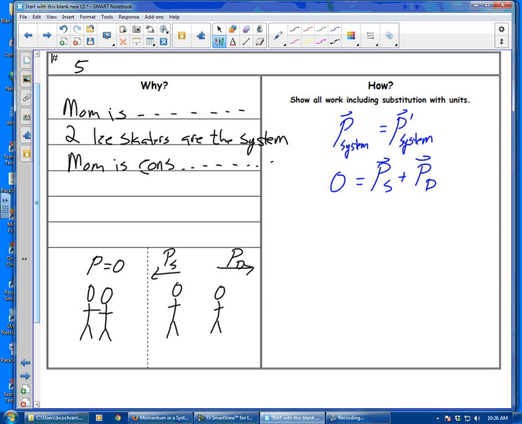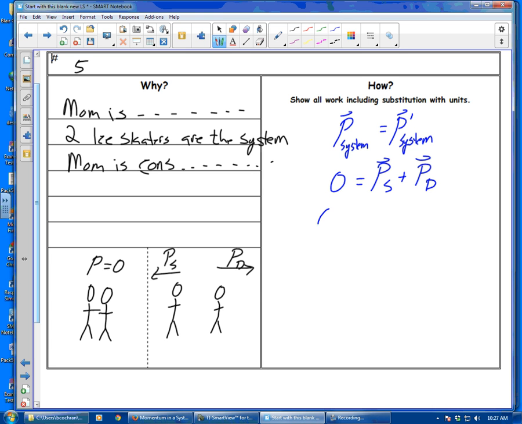Which direction do you guys want to call negative? I heard to the right. Ryan, you decide. I've heard one either way. To the right is negative.